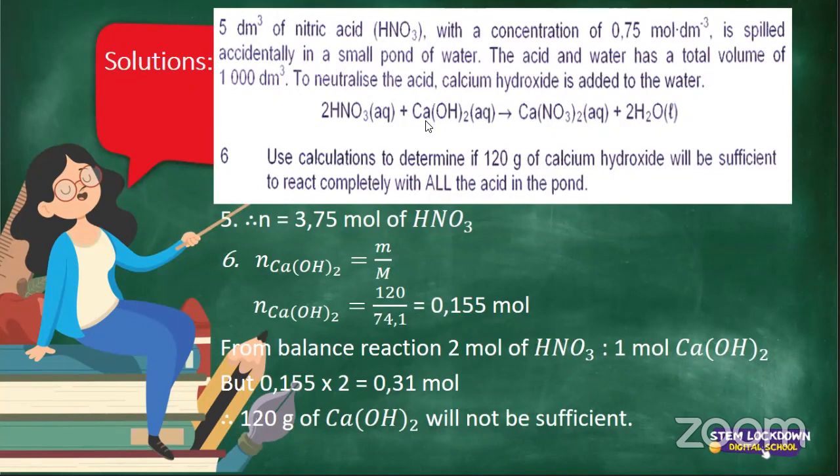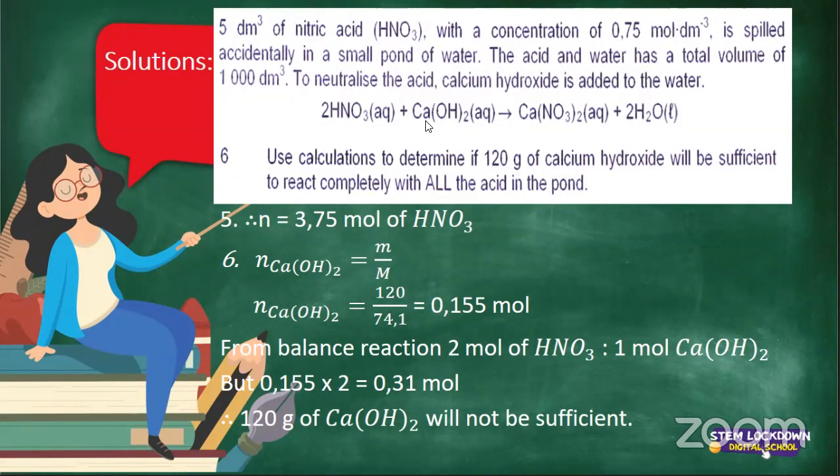Calcium has a molecular mass of 40, and oxygen has 16, plus hydrogen is 17. So it is 40 plus 17 times 2, which should be 74,1. That is correct.